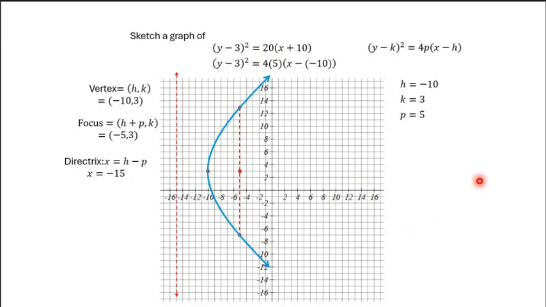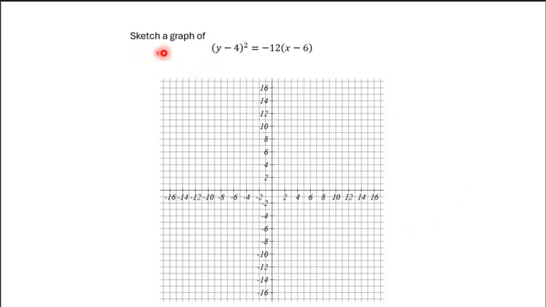Let's look at another example. In this case, we have sketched the graph of the quantity y minus 4 squared is equal to negative 12 times the quantity x minus 6. So we're going to put it in the correct form here. When I factor the 4 out of the negative 12, I get 4 times negative 3, and this is the correct form of y minus k squared is equal to 4 times p times x minus h.